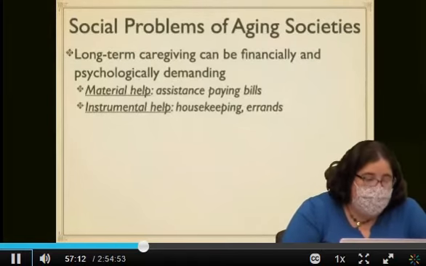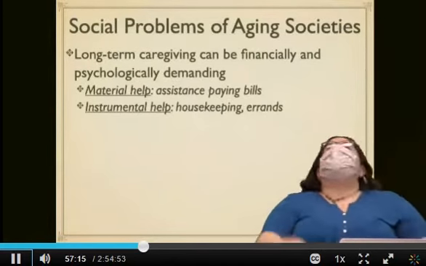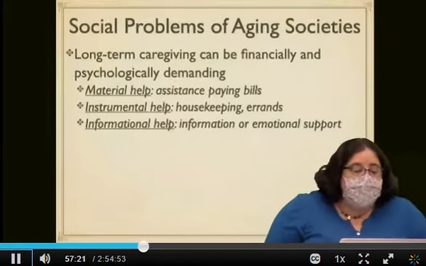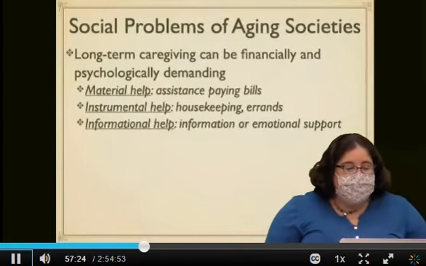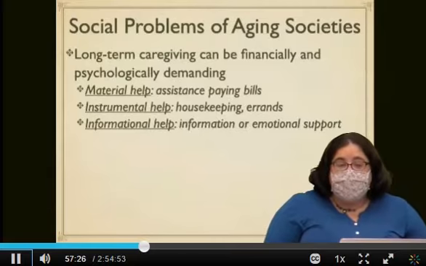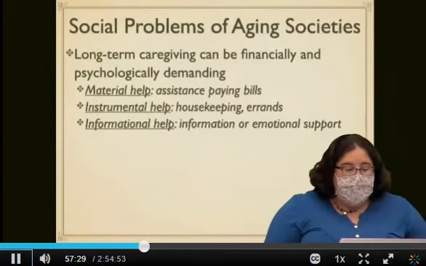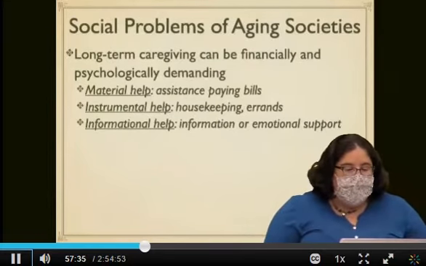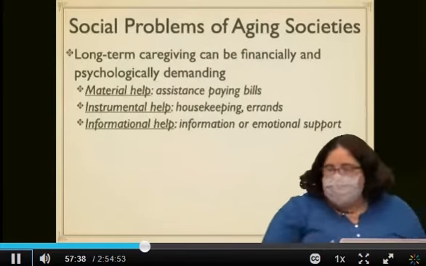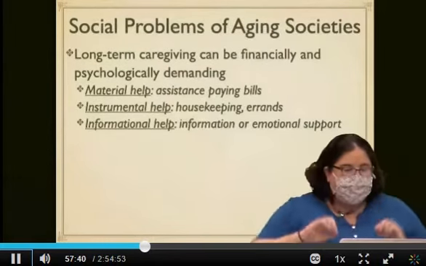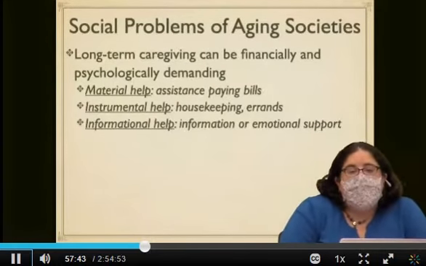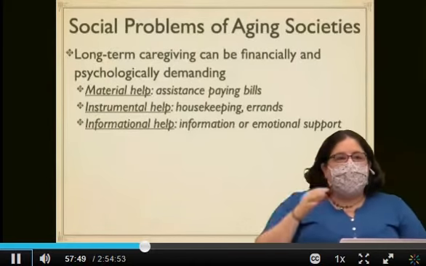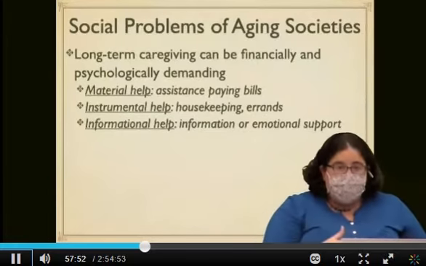There's instrumental help that people need, things like housekeeping or running errands becoming much more difficult. Informational help: aging populations need more information or emotional support. When seniors need information about health or technology, it can be very important for a family member or caregiver to provide that assurance or support. And so there are a lot of needs that are not just affecting the elderly, but also affecting caregivers as well.